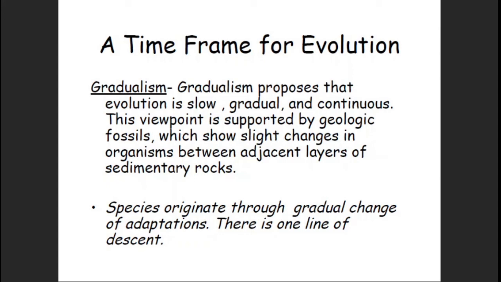Gradualism proposes that evolution is a slow, gradual and continuous process. This viewpoint is supported by geologic fossils, which show slight change in organisms between ancient layers of sedimentary rocks. Species originate through gradual change of adaptation. There is a line of descendants.